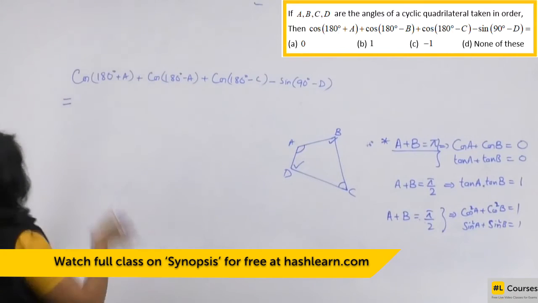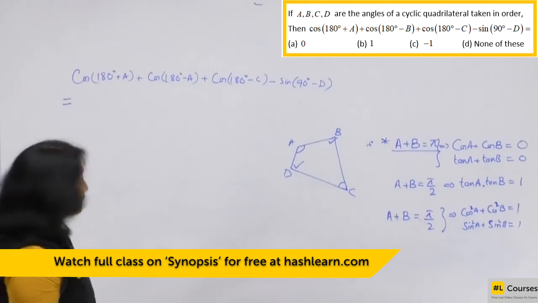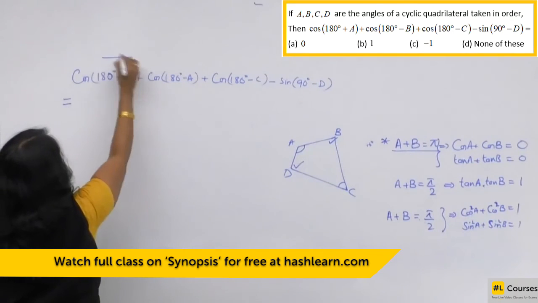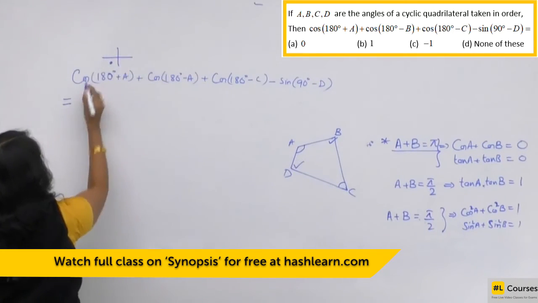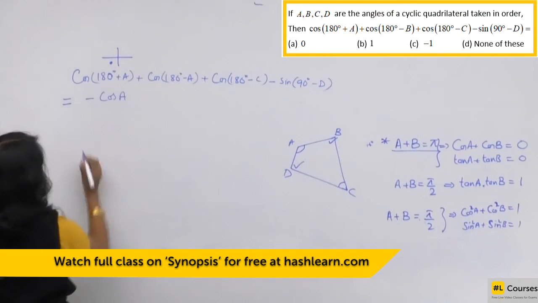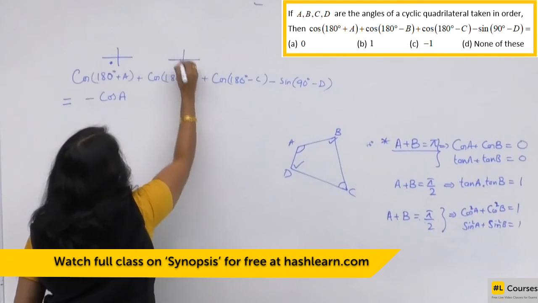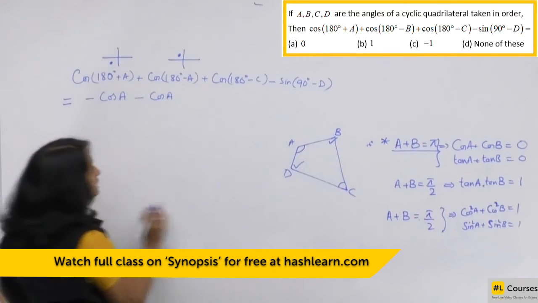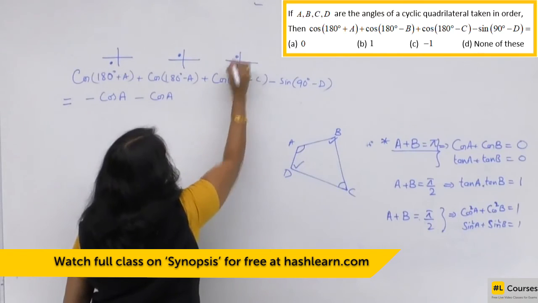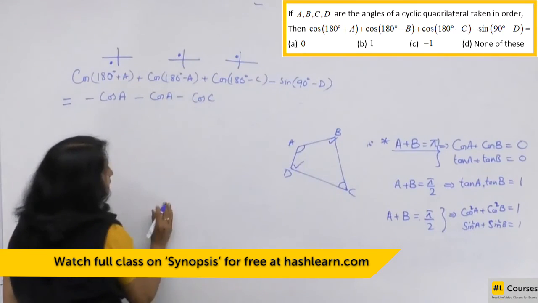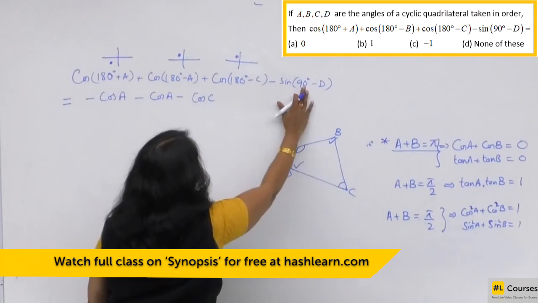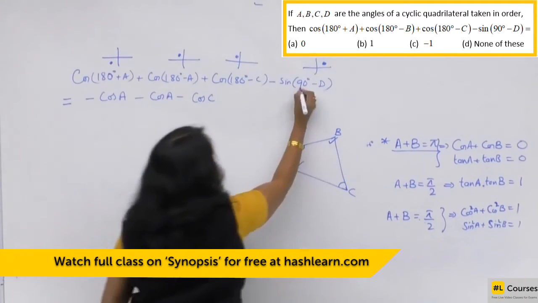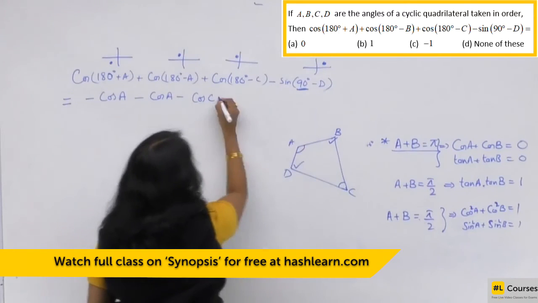First of all, we'll apply our quadrant convention. 180 plus A comes to which quadrant? 180 plus comes to the third quadrant, cos is negative, so we got minus cos A. 180 minus comes to the second quadrant, there also cos is negative, minus cos B. Next is 180 minus, once again second quadrant, cos is negative, minus cos C. What about sin of 90 minus D? It comes to the first quadrant, sin is positive, but because we are using 90 degrees, sin becomes cos.